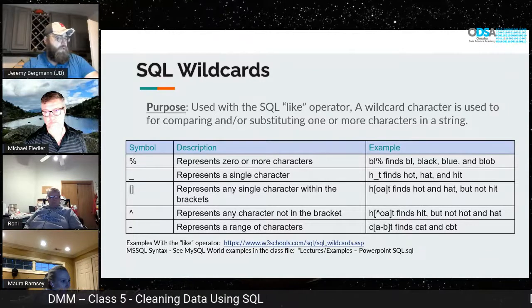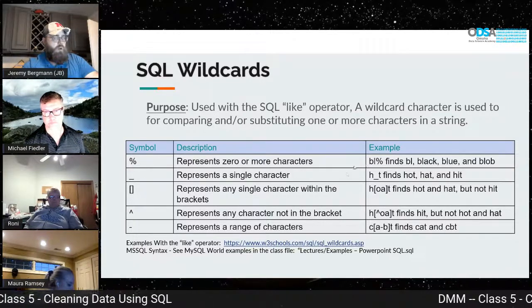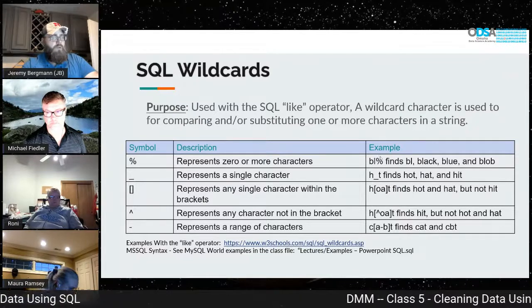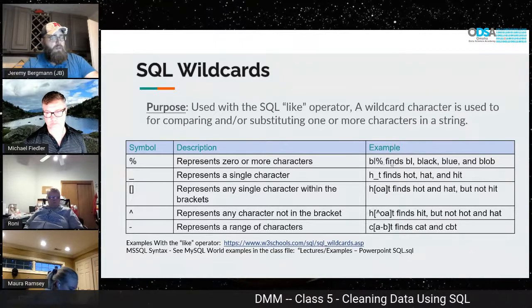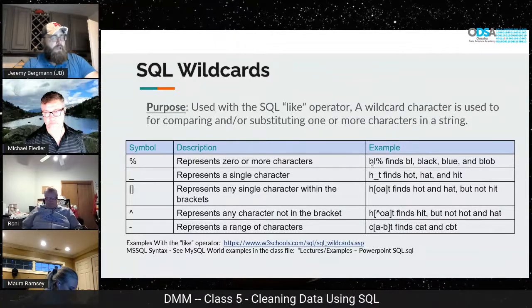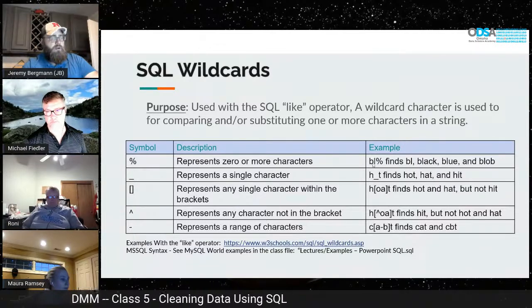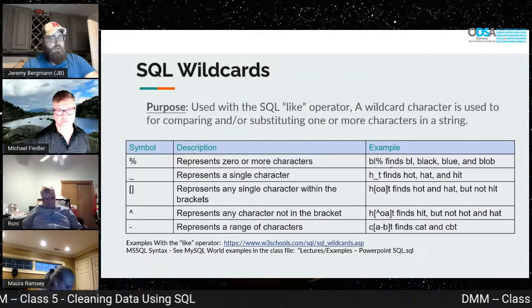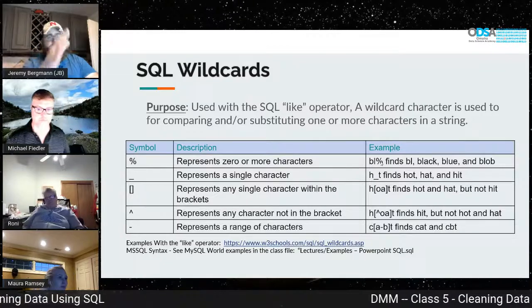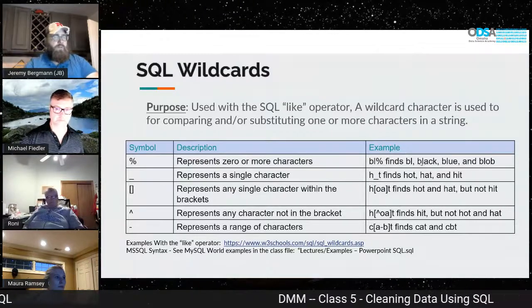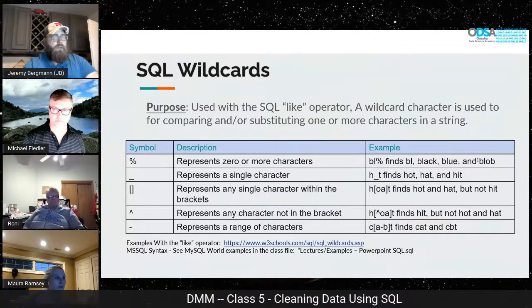The percent sign represents zero or more characters. So if you do BL%, it'll find any character string that starts with BL, and then anything after it. So it'll find BL, black, blue, and blob.